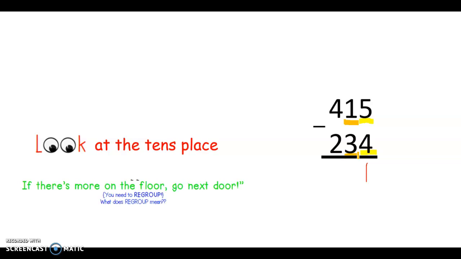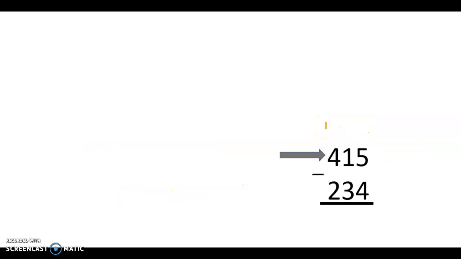If there's more on the floor, you have to go next door. I can't take 3 away from 1. I'm going to need to borrow from the place value next door. Well, the place value next to my tens is going to be the hundreds. So I'm going to borrow from the hundreds.